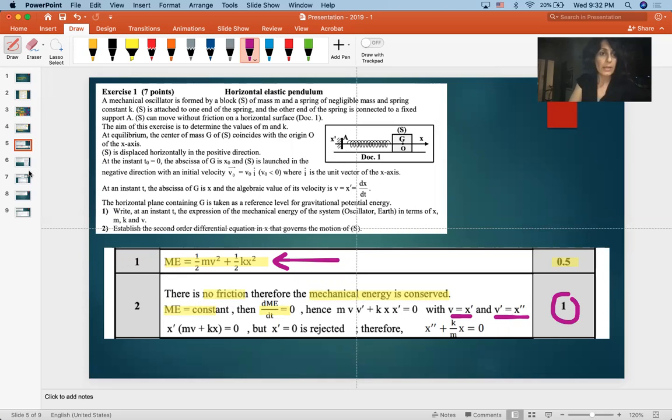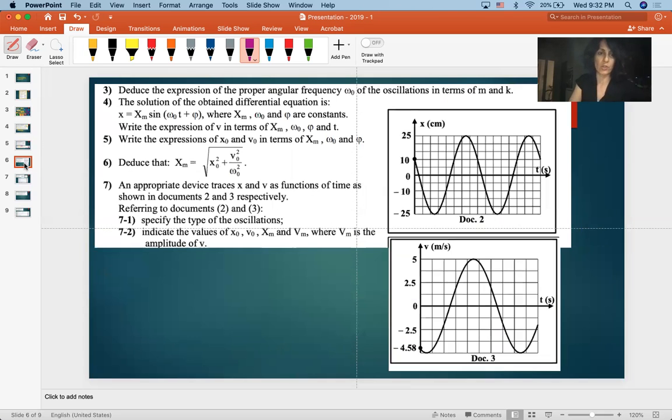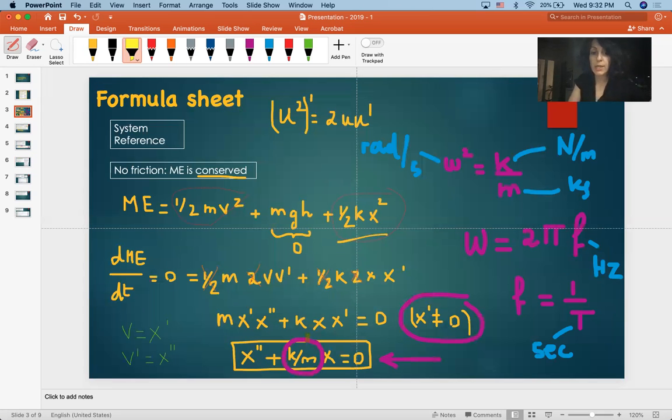All right. Now, what is your second question? Like second set of question. Deduce the expression for the proper angular frequency W0. To find W0, back to our formula sheet, everything you have under the X or close to X is W squared.